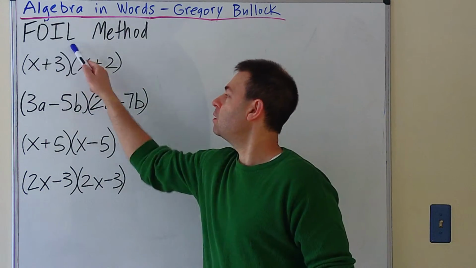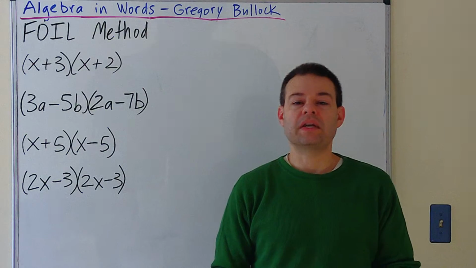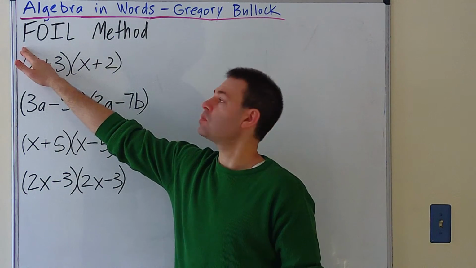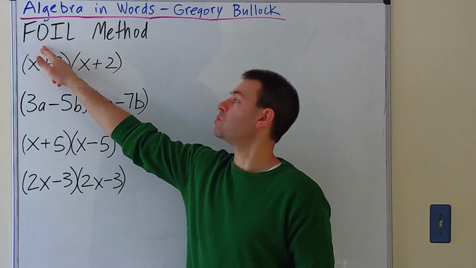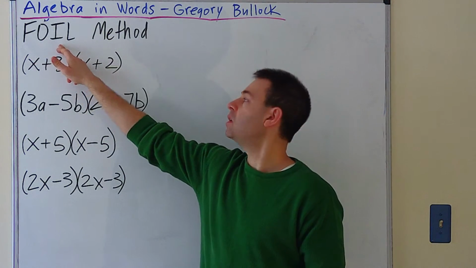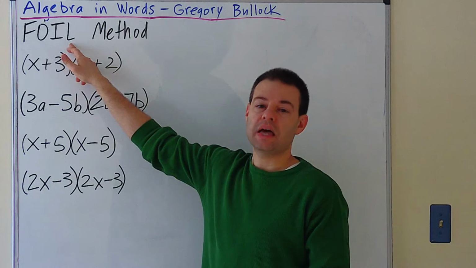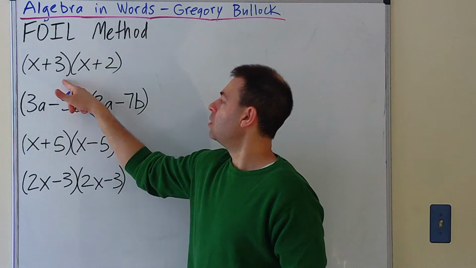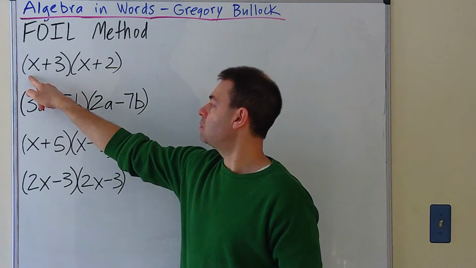The word FOIL is an acronym that stands for product of the first terms, product of the outside terms, product of the inside terms, and L stands for the product of the last terms. In a binomial, the first term would be the term on the left.